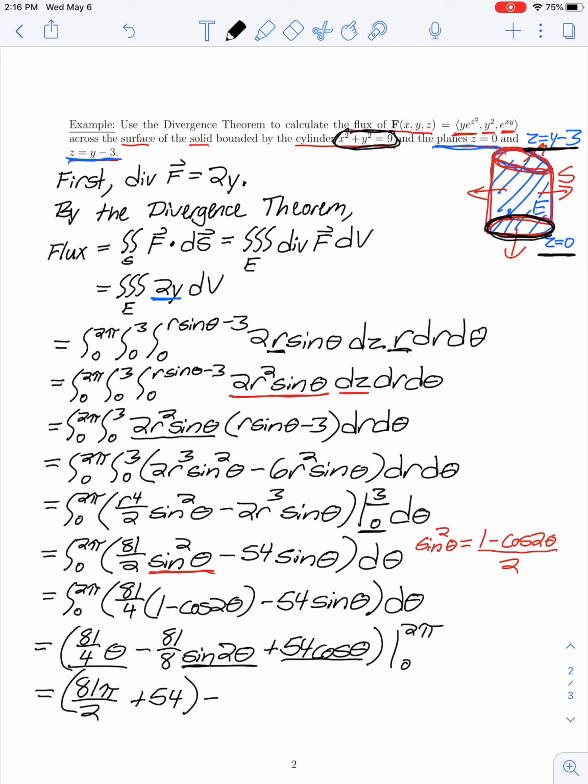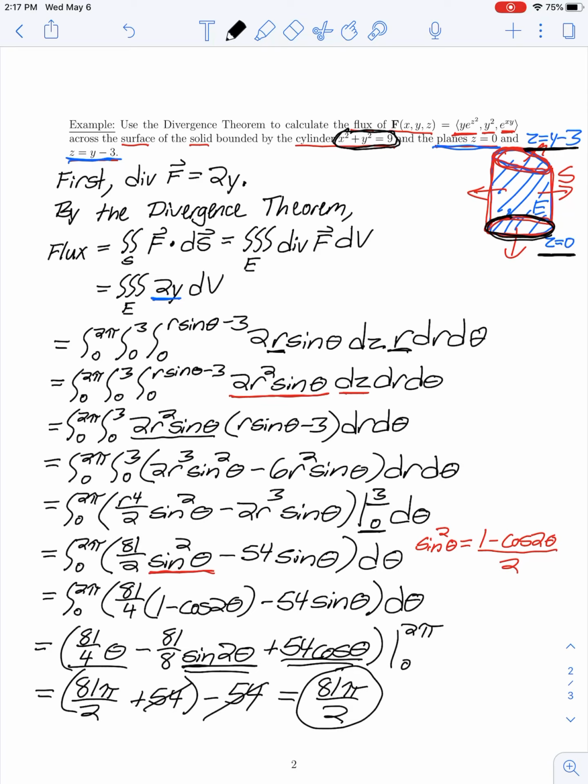So we have 0 minus sine of 0, which is 0, and then plus 54 times cosine of 0, which gives us a 54. So our plus and minus 54 cancel, and we are left with 81 pi over 2 for the flux of that vector field across this surface S, which is the surface of that solid region E described in the problem.